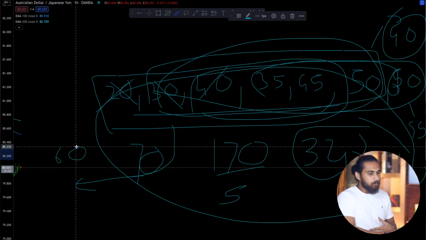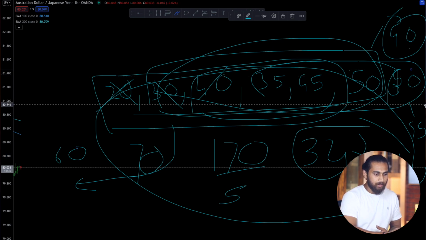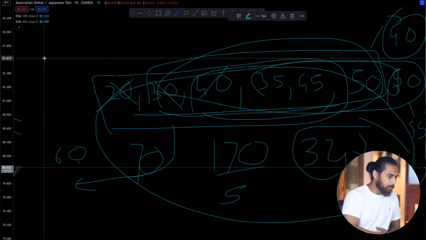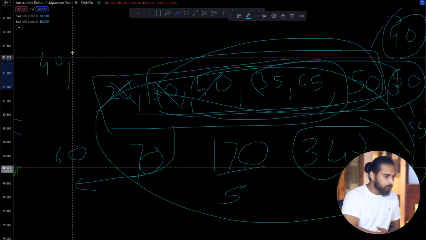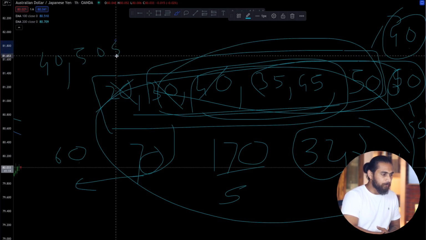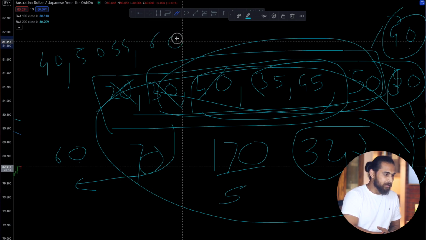So now we have an average price of day 6, day 7, day 8 and day 9. So we have an average price that is 40, then we have 50, then 55, and then we have 60.